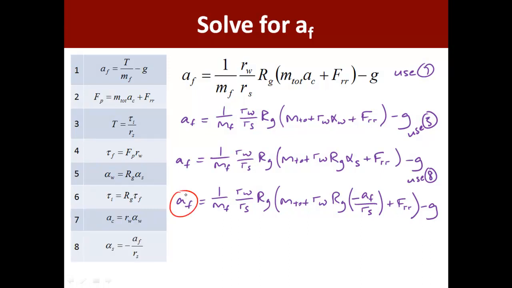There's one over here on the left, and now we've introduced one over here on the right. And so we're going to need to get those terms together on the left so that we can solve for AF.